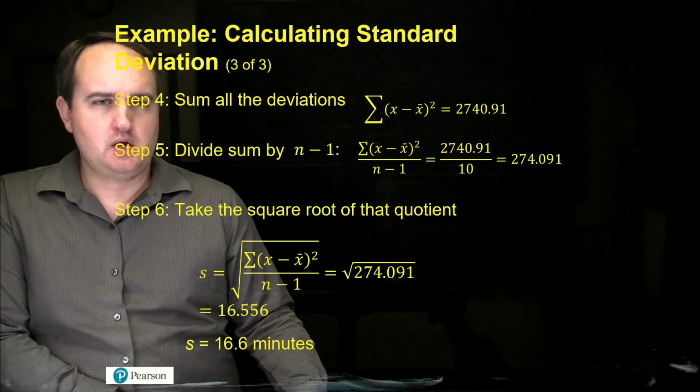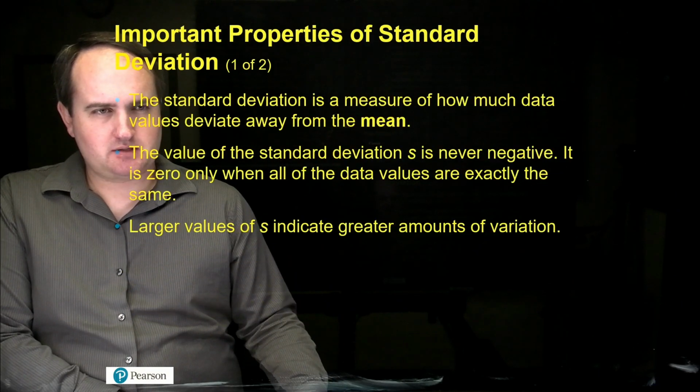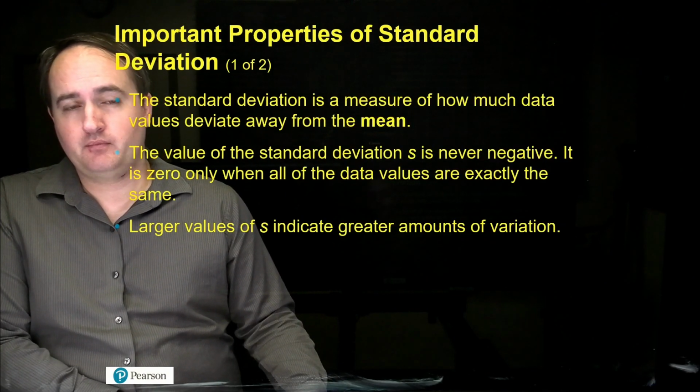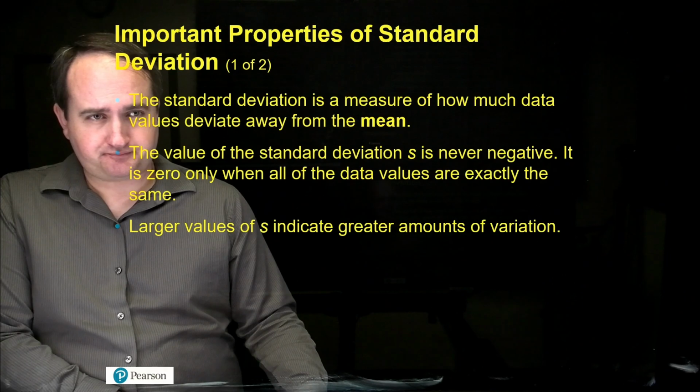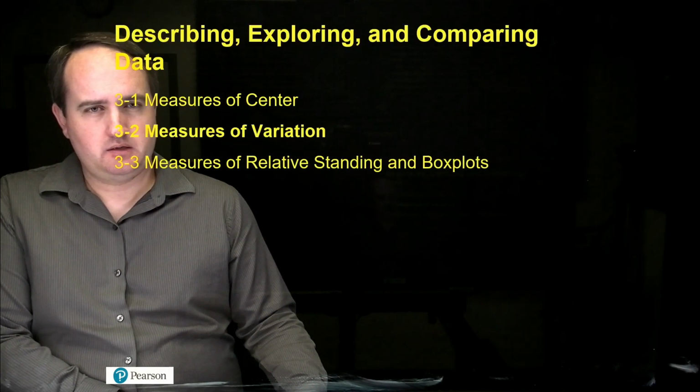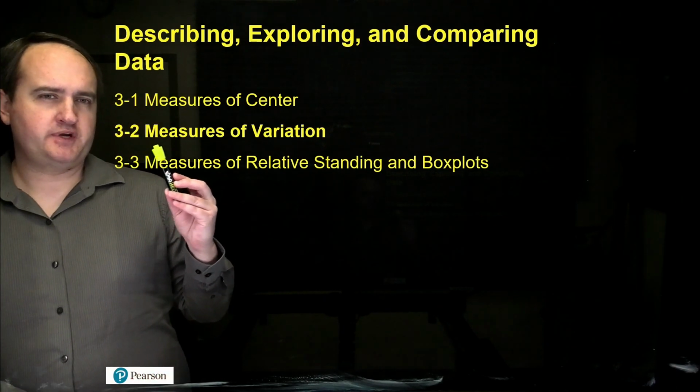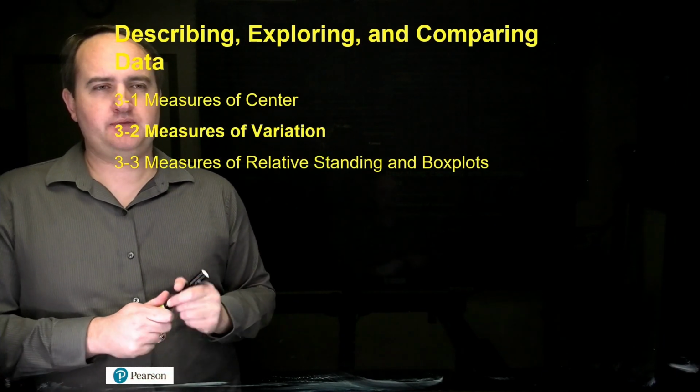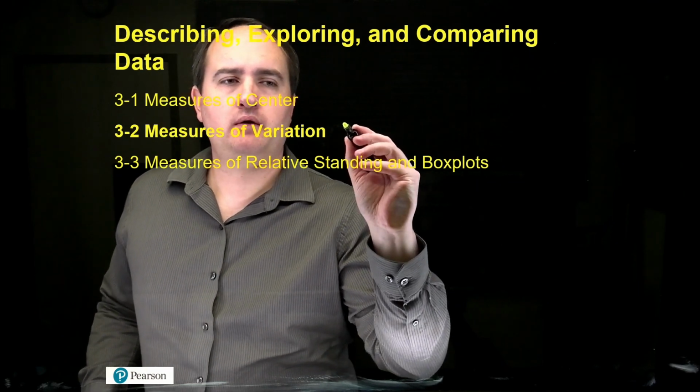Okay, so like I said, considering how long this took to explain, this video is already over an hour, so I think we're going to have this be part 1. So what we just did was 3.2 measures of variation, and this is going to be part 1.